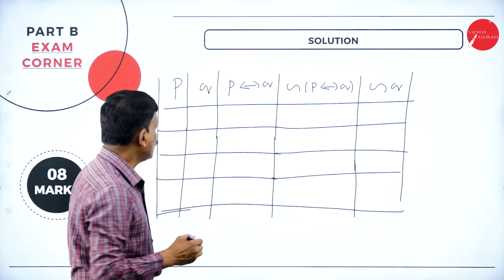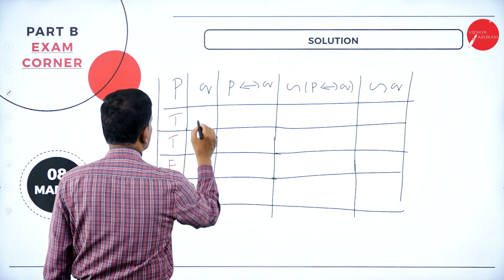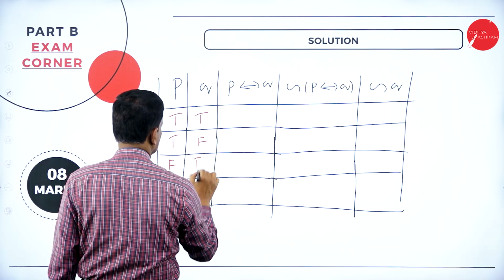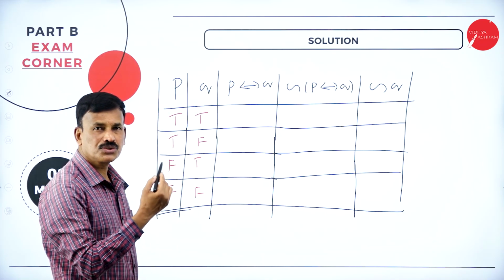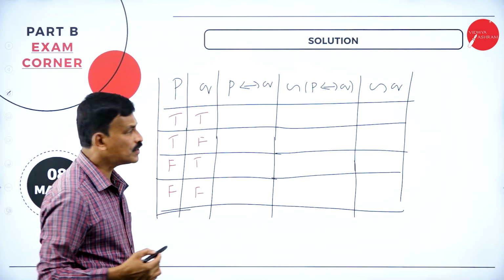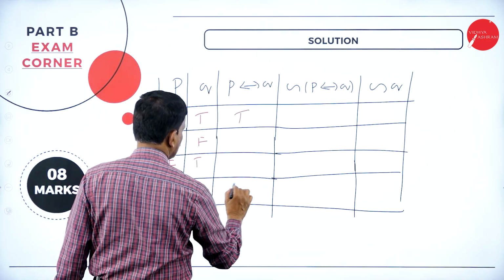Now, write down the truth values. For P it is true, true, false, false. For Q, true, false, true, false. Now, for biconditional, true and true is true, false and false is also true, true and false is false, false and true is also false.